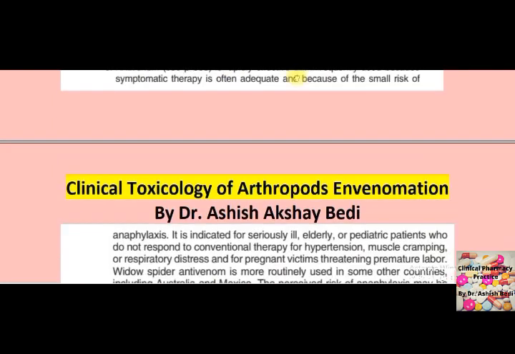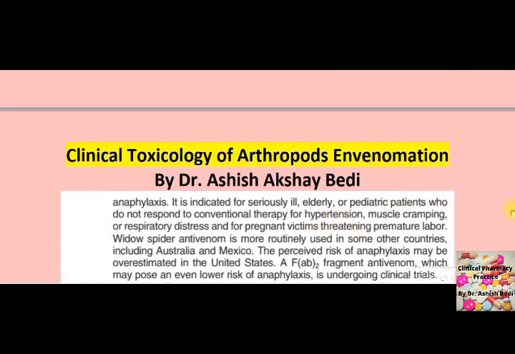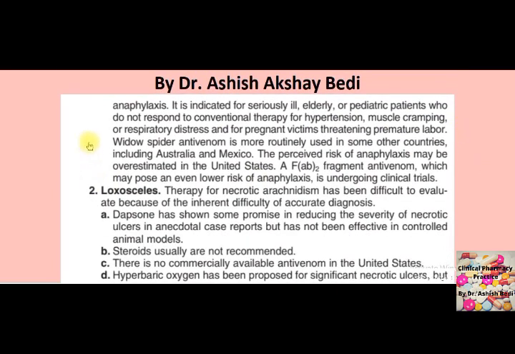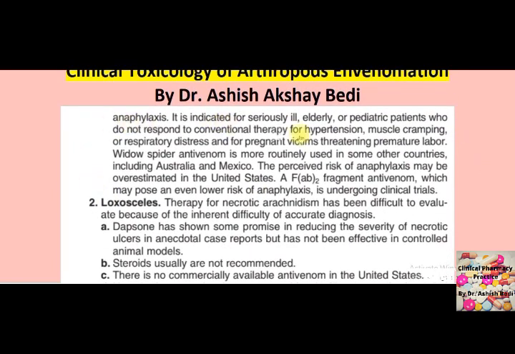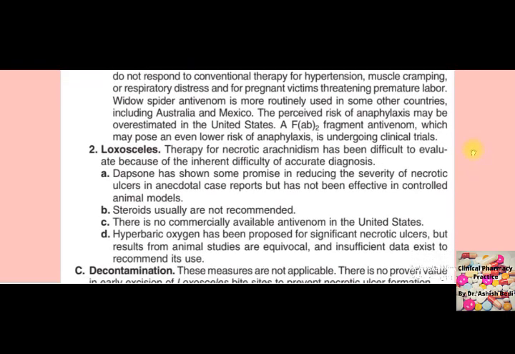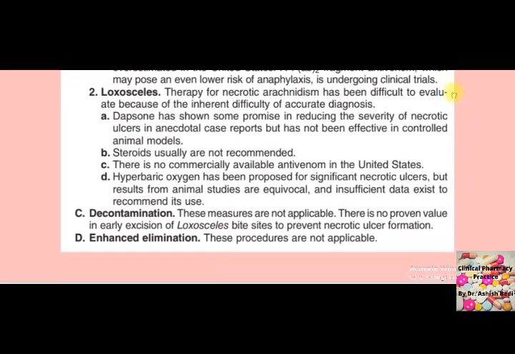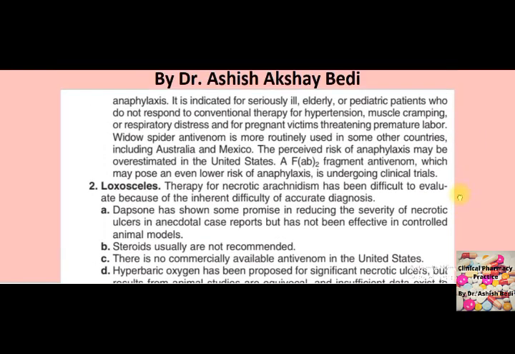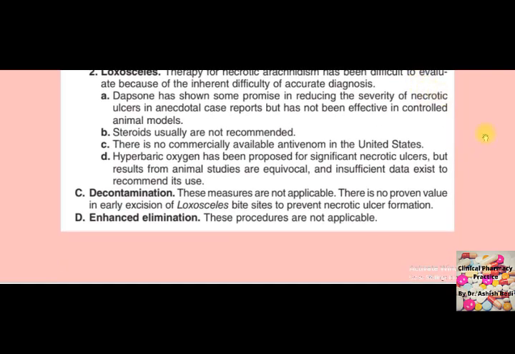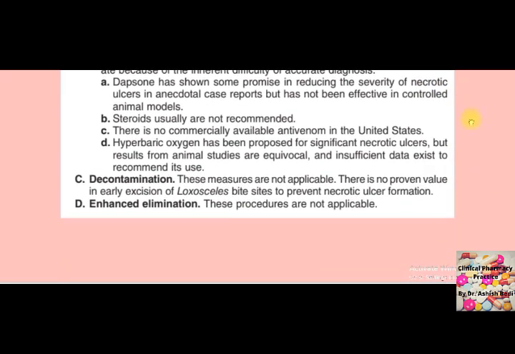But in a severely ill, elderly or pediatric patient, the problem will worsen if we don't give anti-venom, because conventional therapy for hypertension, muscle cramping, respiratory distress, and pregnant victims may not give a response. That's why we give anti-venom for lectrodactus patients.